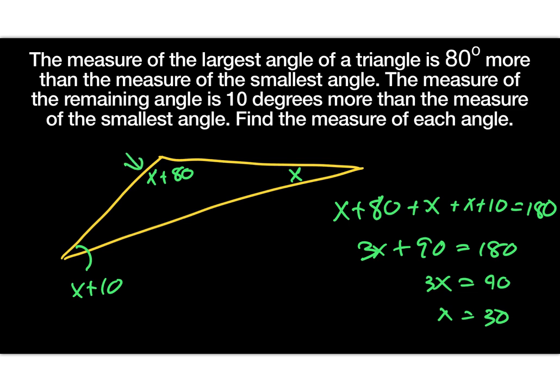This angle equals 110 degrees. This one is 30 degrees. That one is 40 degrees. And hopefully if I did it right, all of it works. 110, 40, 30 adds to 180.